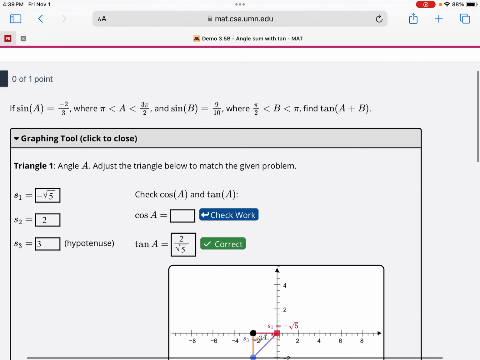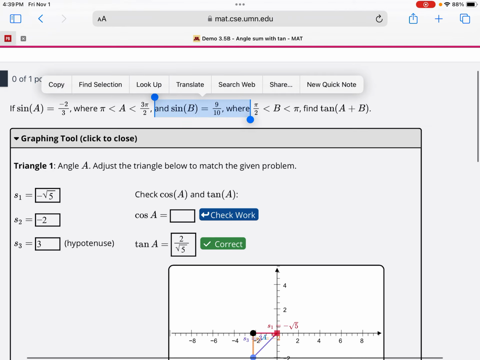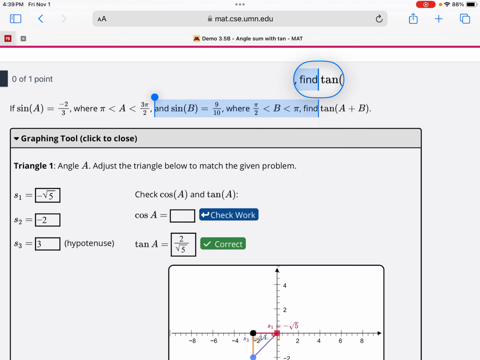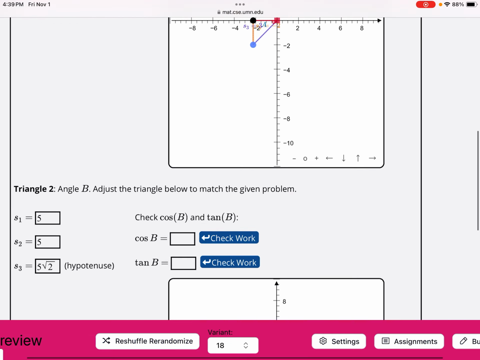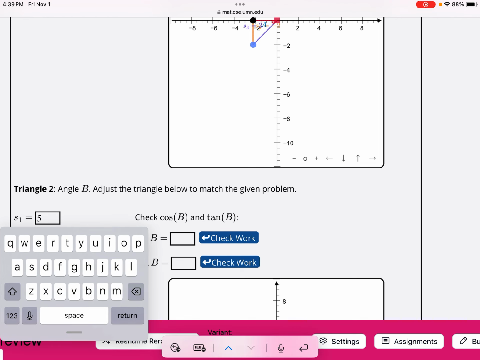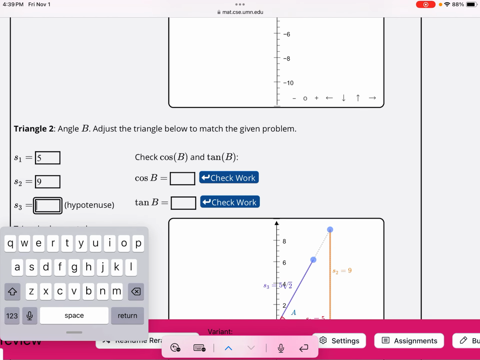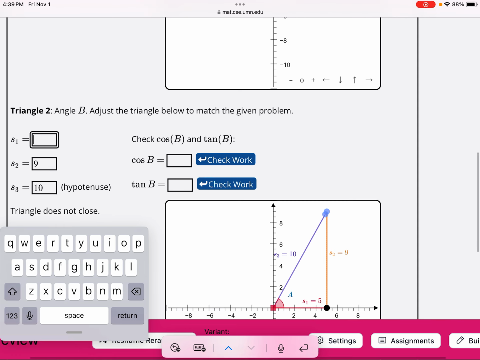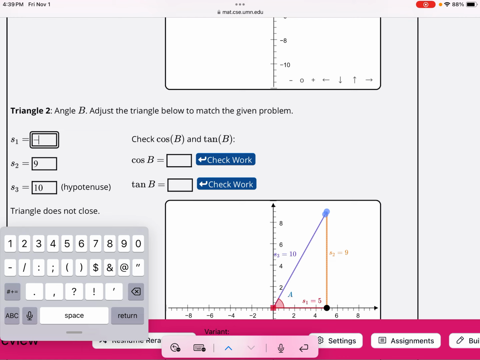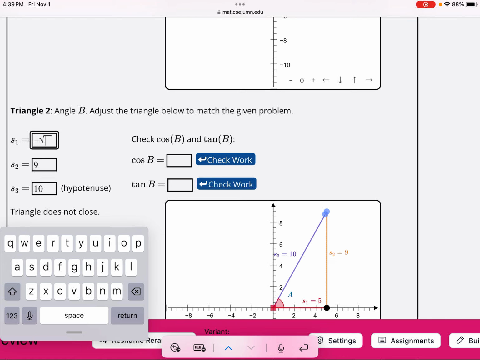Okay, so for angle B, the sine is 9/10, and I'm in quadrant 2 here. So the opposite leg is 9, the hypotenuse is 10, and then in quadrant 2, the x-coordinate is negative, and we want the square root of 10 squared minus 9 squared.